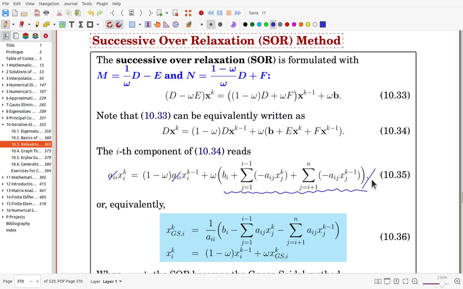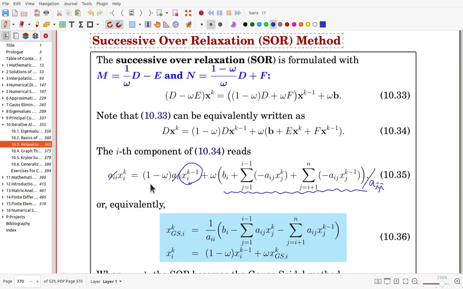here a_ii, and this is the Gauss-Seidel update, and then after getting the Gauss-Seidel update, we try to extrapolate along with x_i^(k-1), the Gauss-Seidel update, omega, and 1 minus omega.